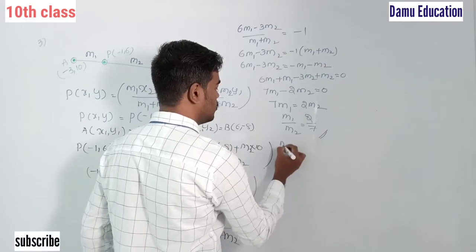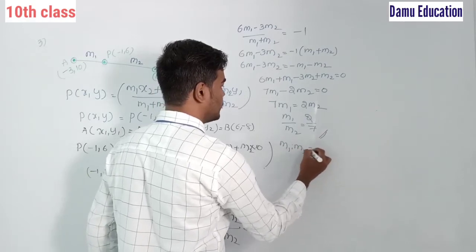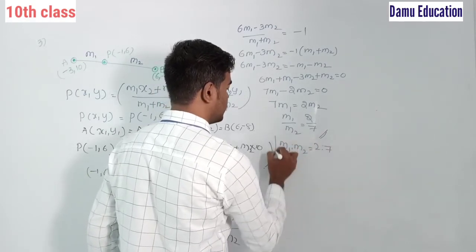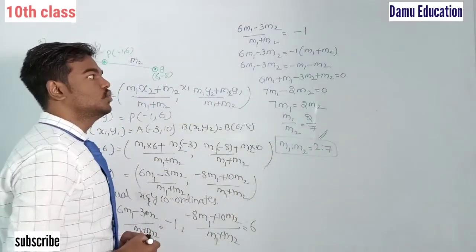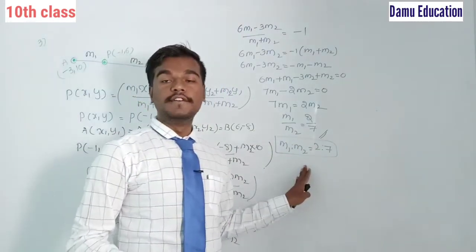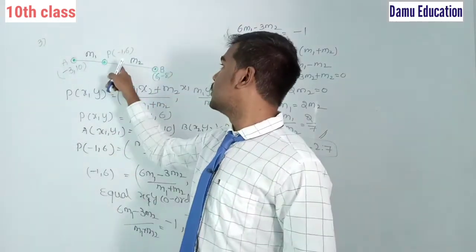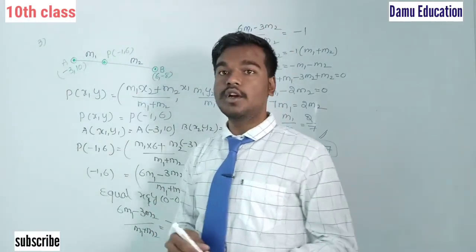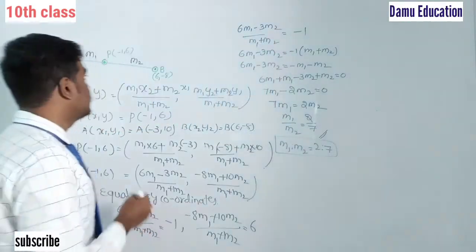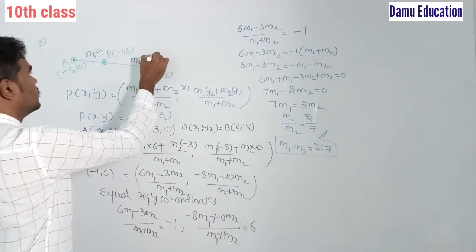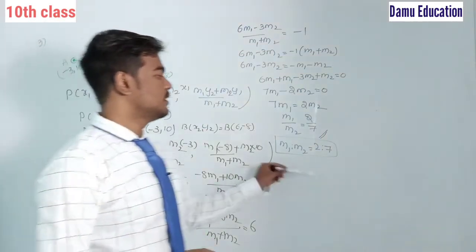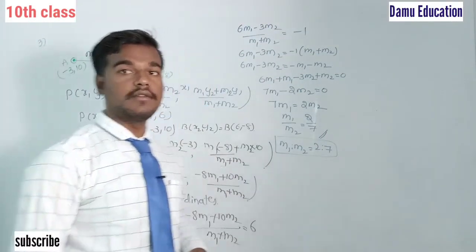So the ratio m1 is to m2 will be equal to 2 is to 7. This is the ratio for the calculation here. Let's solve in another way.